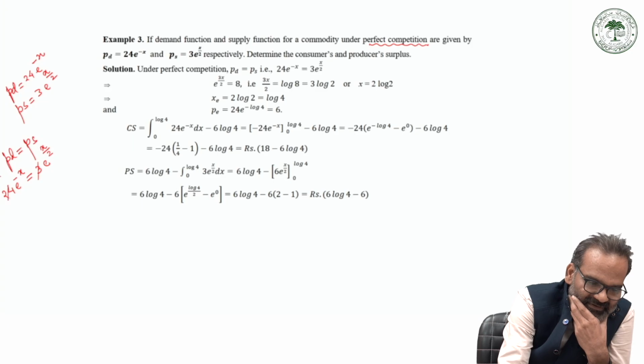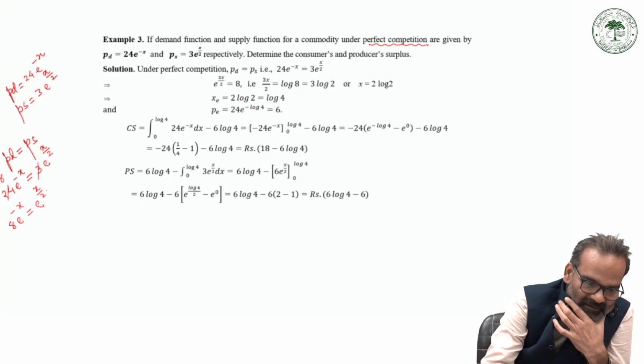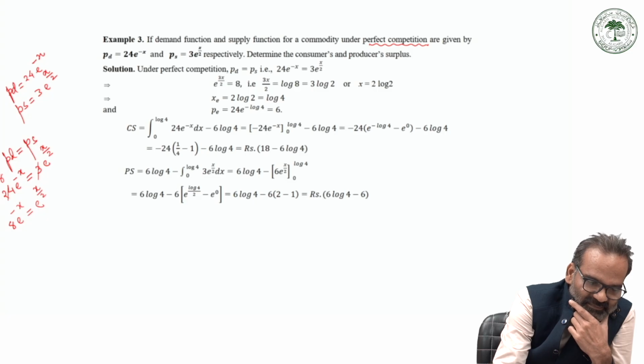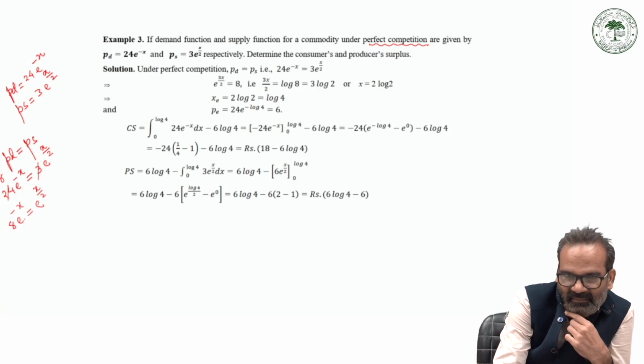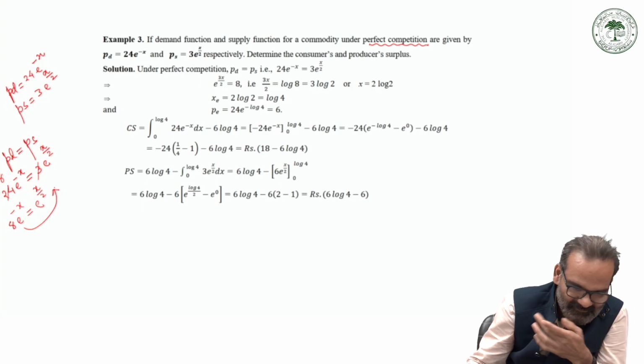3 eights are 24. What is left? 8 e raised to the power minus x is equals to e raised to the power x by 2. Right? Clear? Now this is e raised to the power x by 2 and this is e raised to the power minus x. So transfer this from this side. What will happen?